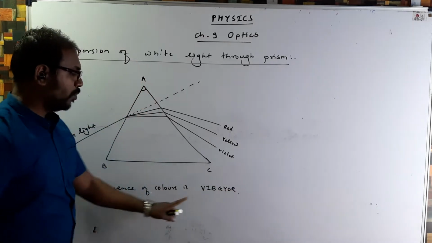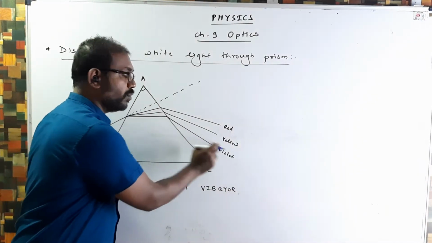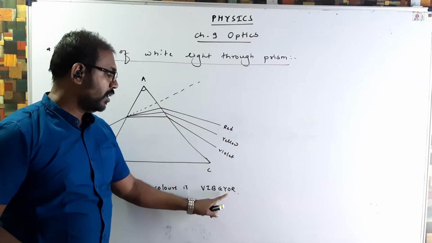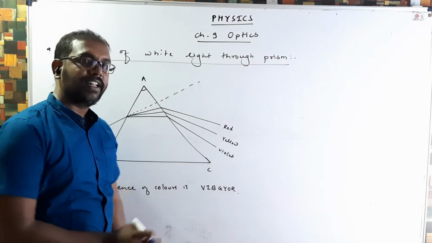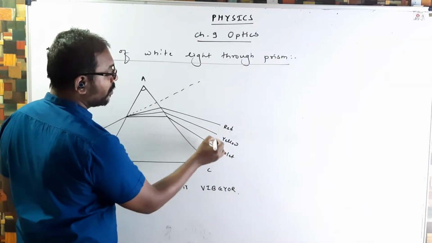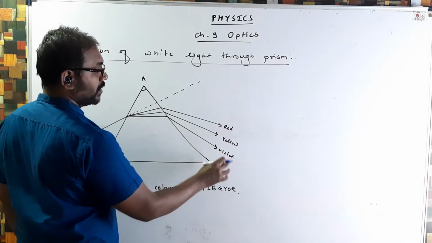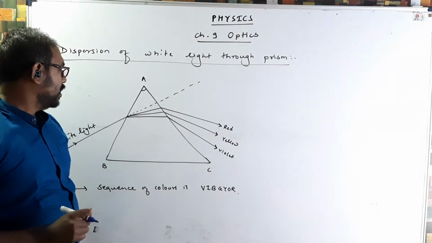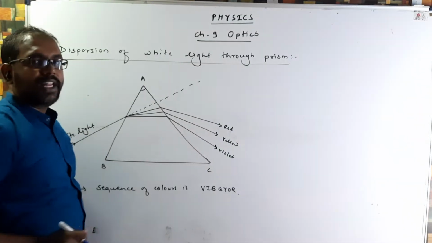It means that violet is the first color, then after violet indigo, then blue, green, yellow, orange and red. This is the sequence of the color which we get here. This is called as a spectrum of the color or dispersed beam of the light.